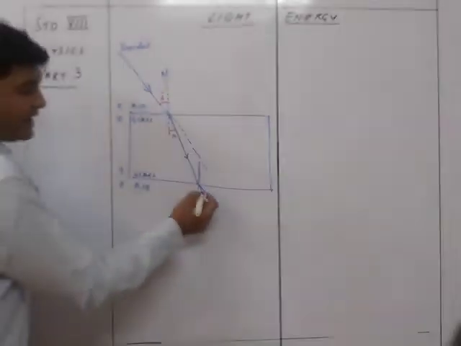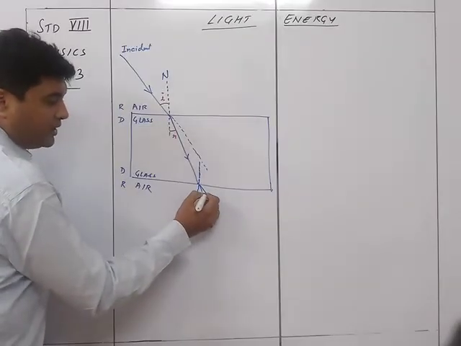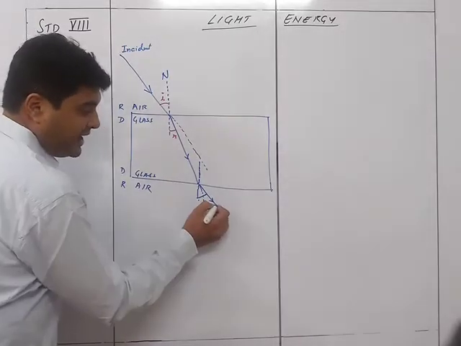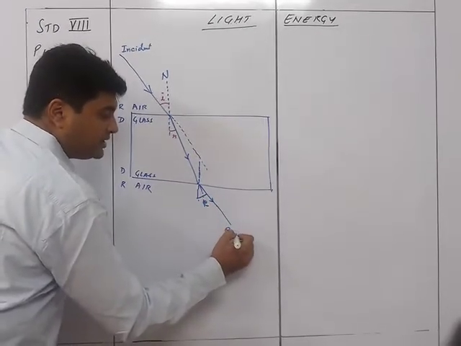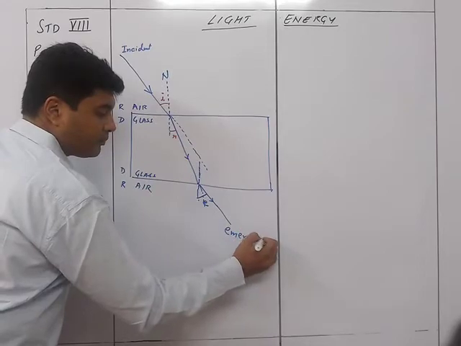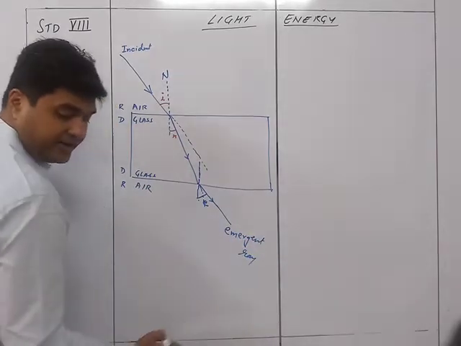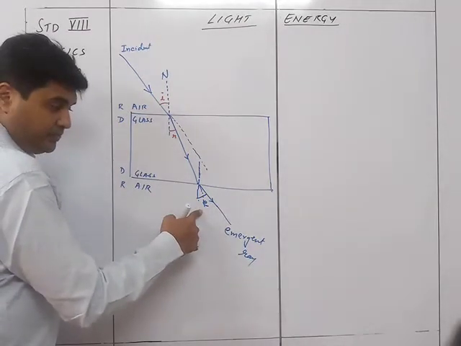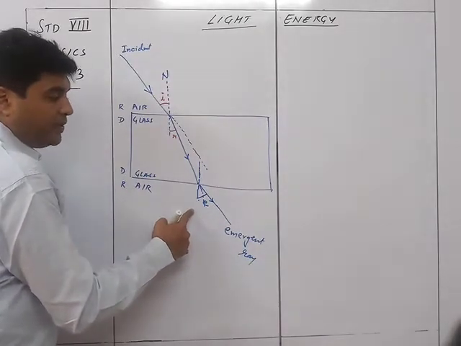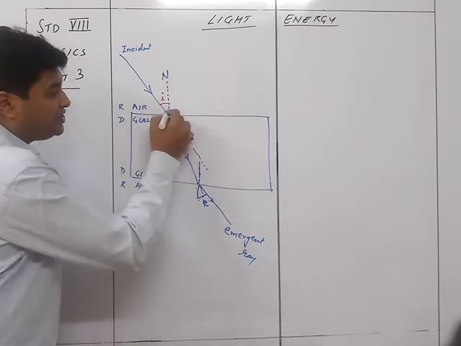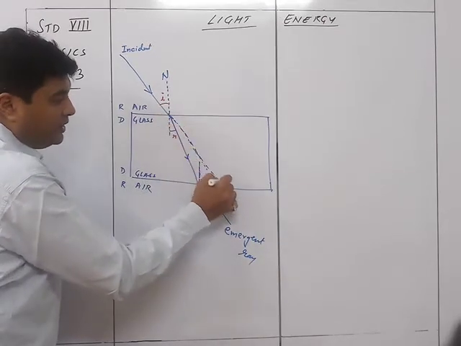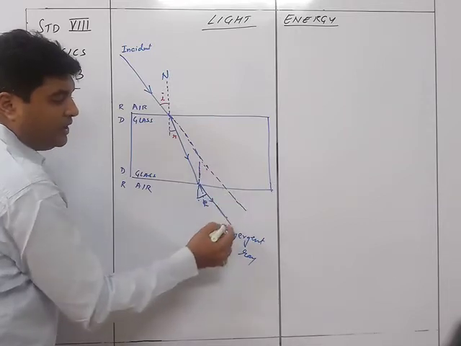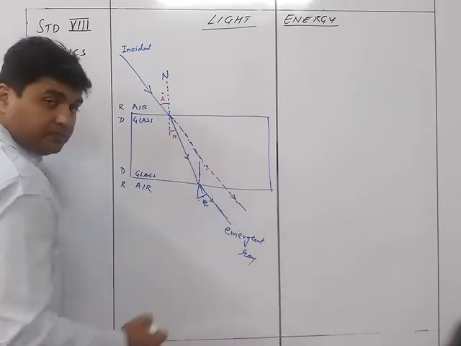Now, this angle which is formed with the normal over here is called the angle of emergence, and this ray is called the emergent ray. Now, over here, if I extend this line, it will be seen that this line and this line will be parallel to each other.